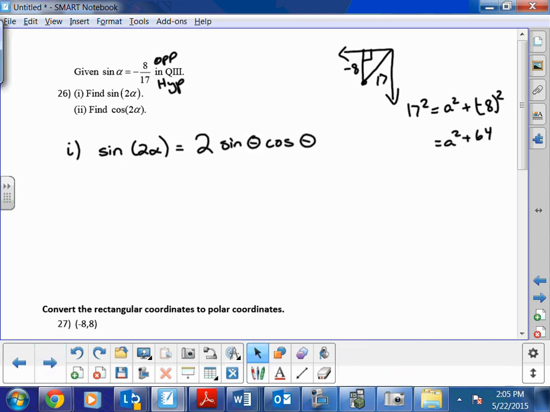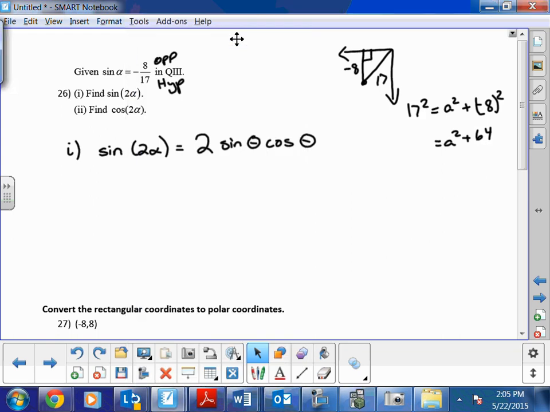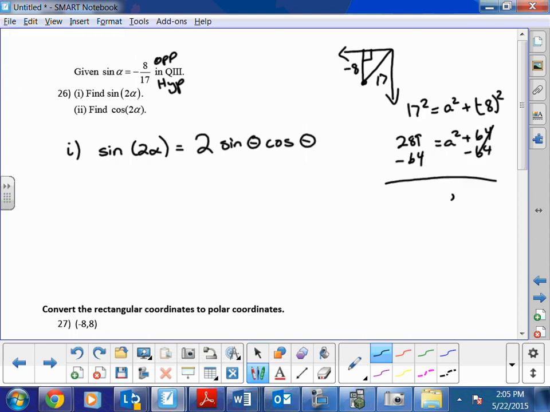Let's find out what that is. 289. Okay, there we go. So we have 289. Subtract 64 from both sides. A squared is going to be equal to 225.